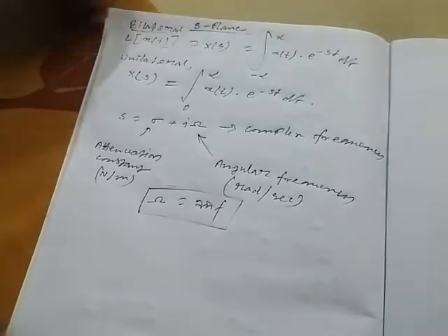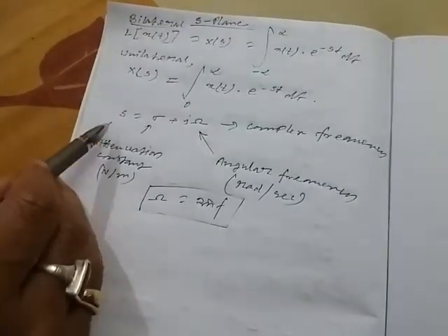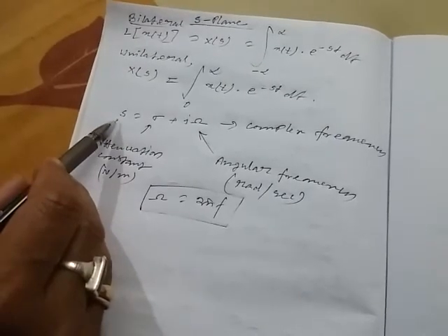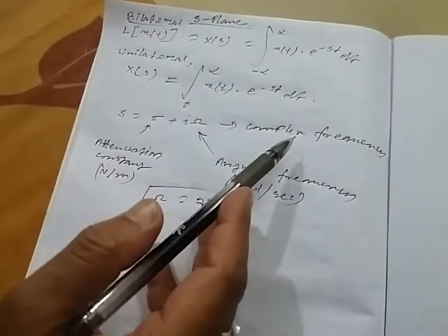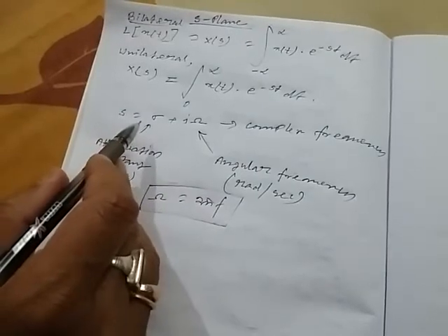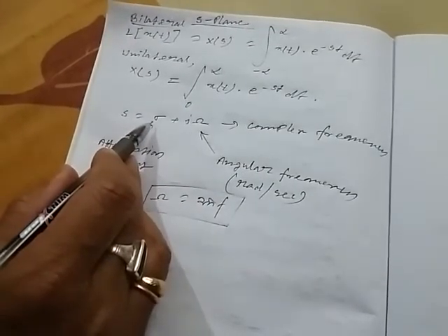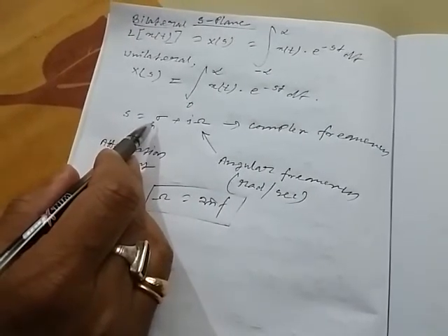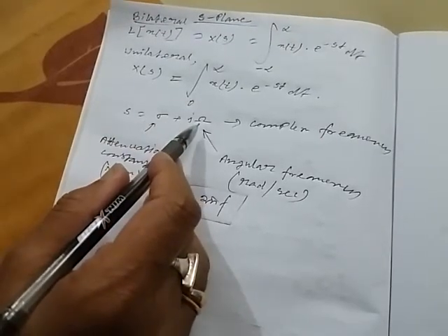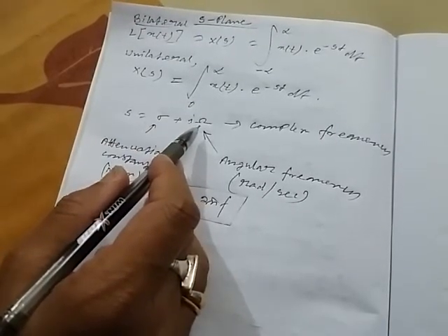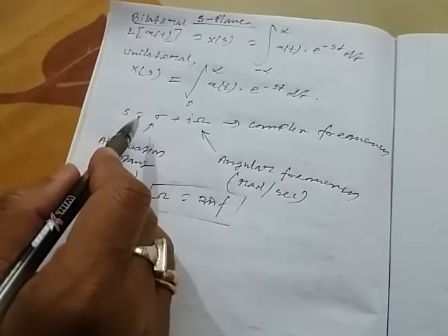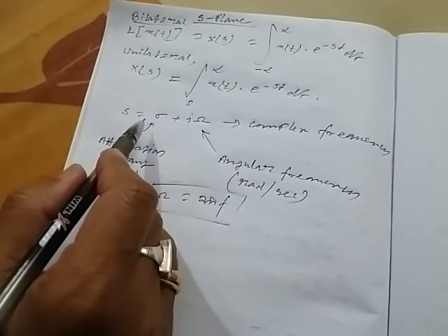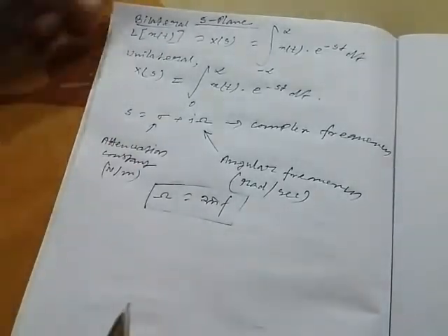Now we are concentrating on the term s, which is known as complex frequency. The real part of s is sigma and the imaginary part of s is omega. Since it is a complex quantity, it can be expressed by a coordinate system.